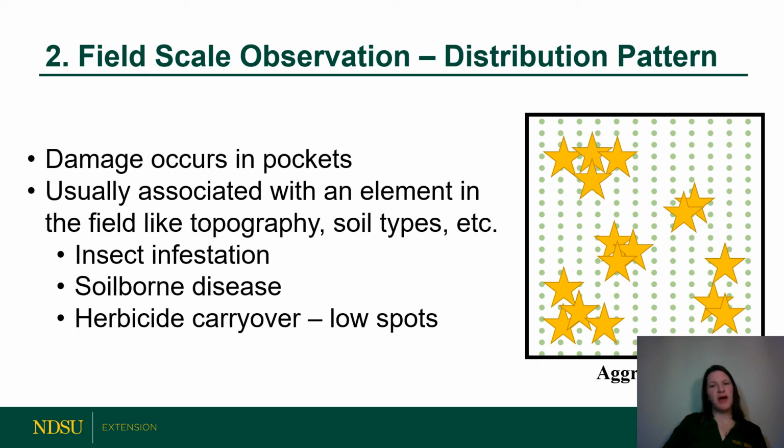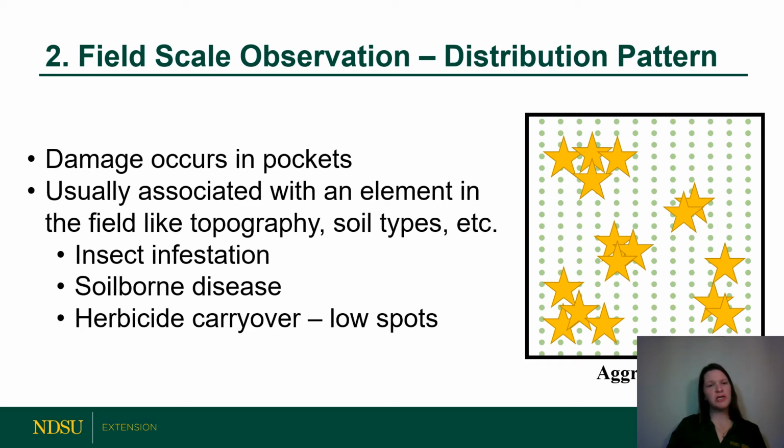The last one we have is an aggregated distribution, which could also be known as a clump distribution. You can see that these stars are very much grouped together, clumped. The damage, symptoms, or injury are occurring in different pockets where the stars are grouped together.